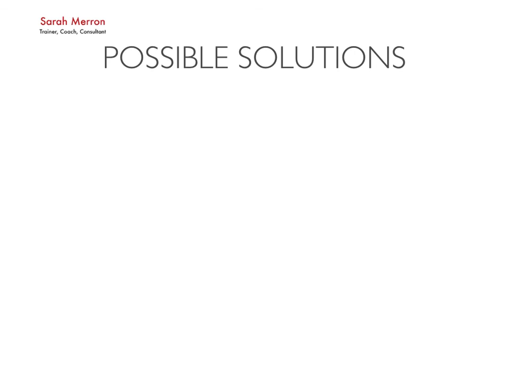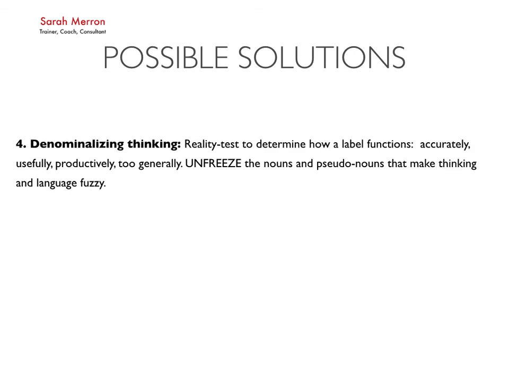Okay, number 4, denominalizing thinking. So this is about denominalization. So we're asking how a label functions, and obviously this breaks the labeling, the generalization of labeling. So we unfreeze the nominalization. So let's say we've got a nominalization of partition.